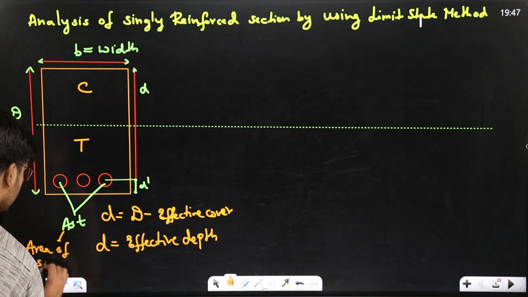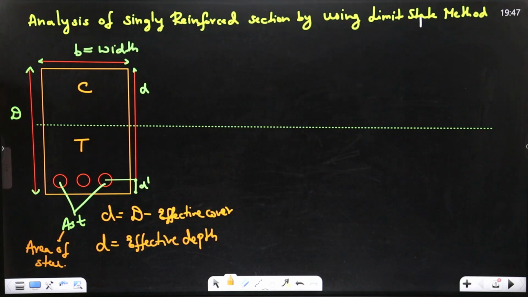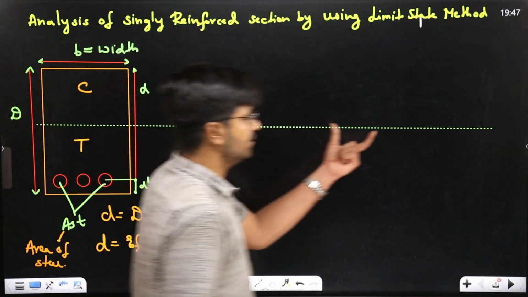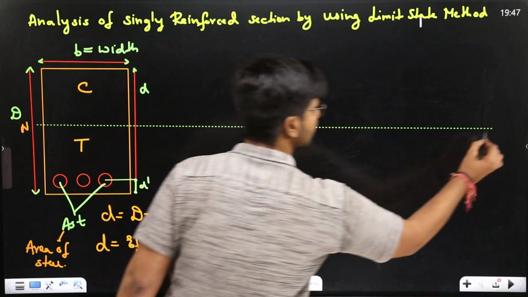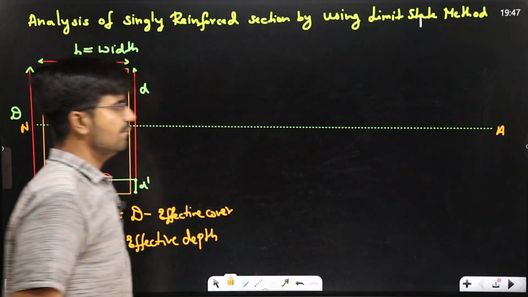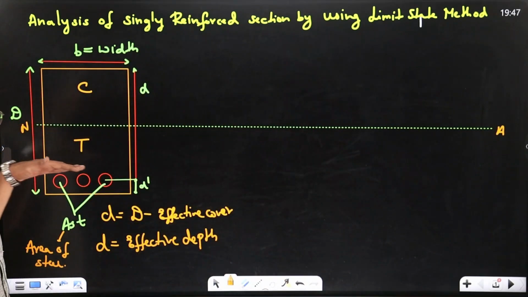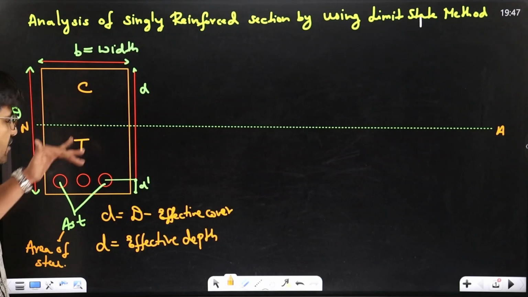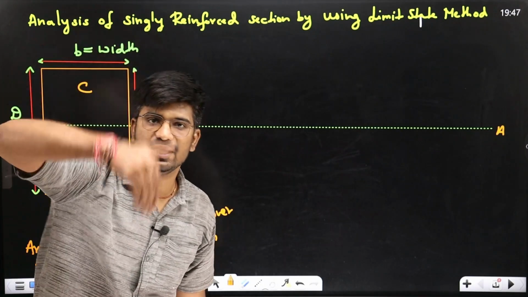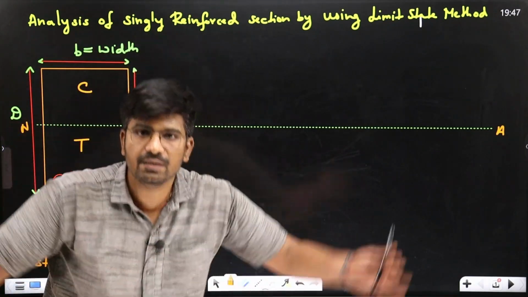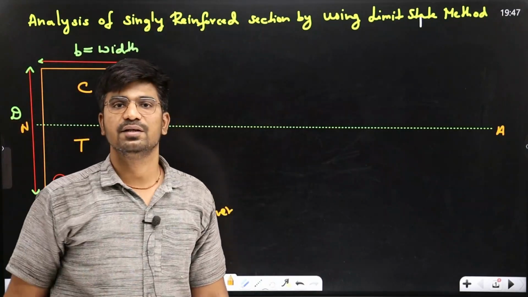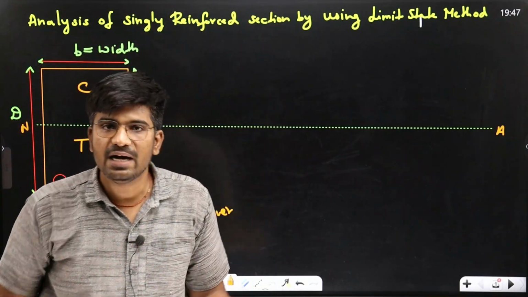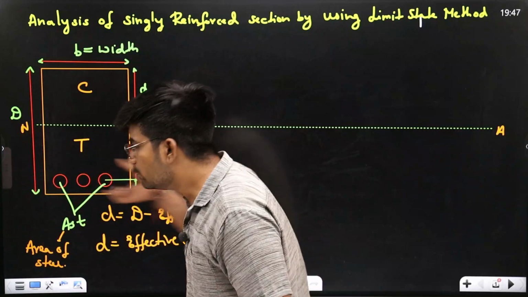And here you can see that this is your neutral axis, which is dividing the whole cross section into two parts. This is compression, this is tension, because when you apply load on a beam, it will bend. Topmost portion is compression, bottommost portion is tension, and we are providing reinforcement in tension zone.